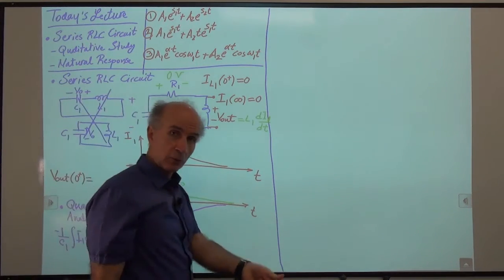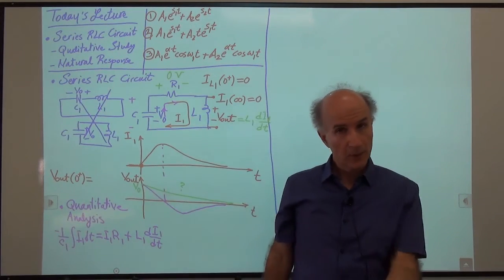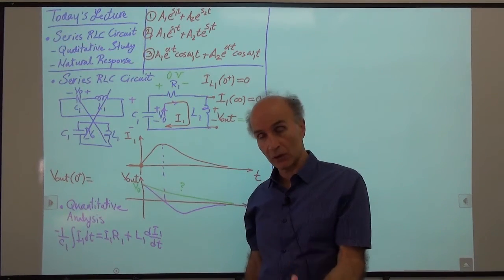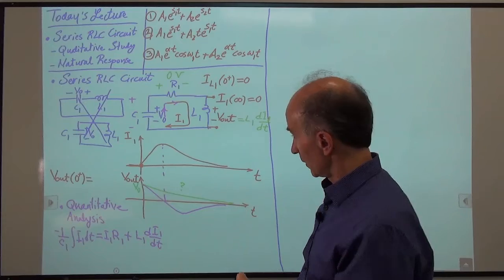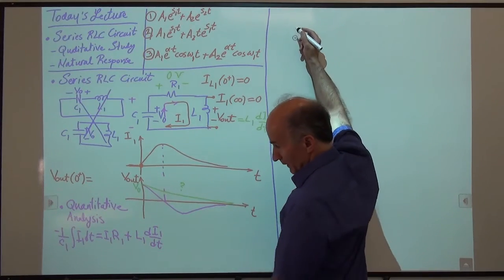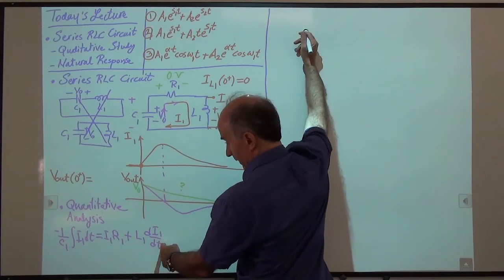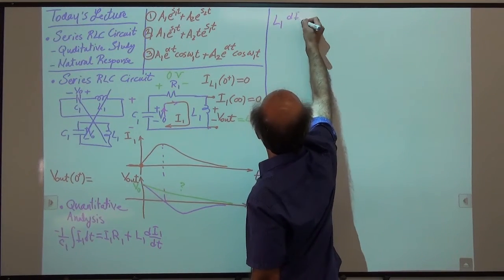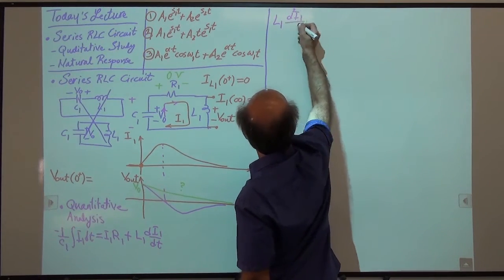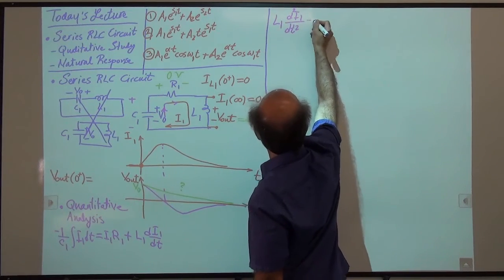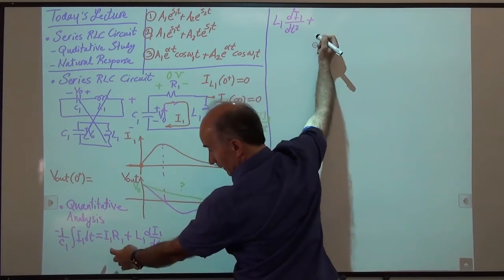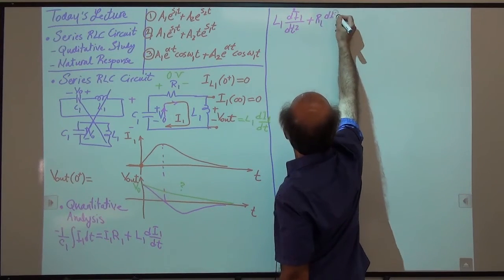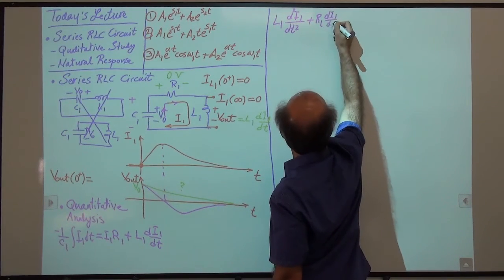So now we bring everything to one side, and we take the derivative with respect to time so as to obtain a second order differential equation. So I'll write that up here. You can see that this gives us the second derivative: L1 d squared i1 over dt squared, plus this gives us the first derivative, R1 di1 over dt.